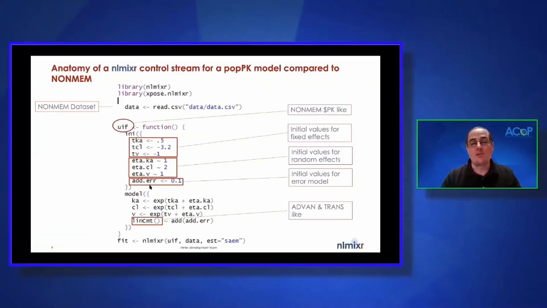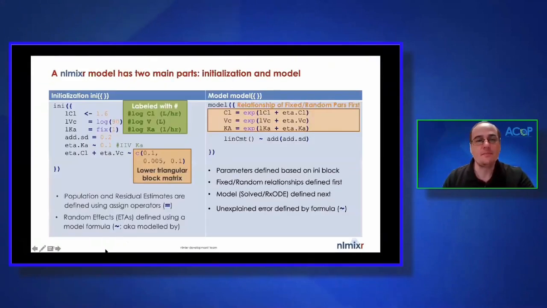In your model block, you have the relationship between the fixed effects parameters and the random effect parameters, as well as, in this case, a linear compartment model, and how it has residual error. Once you have all this in a function in R, you use nlmixr on that function with your data and choose an estimation routine to create an nlmixr fit object.